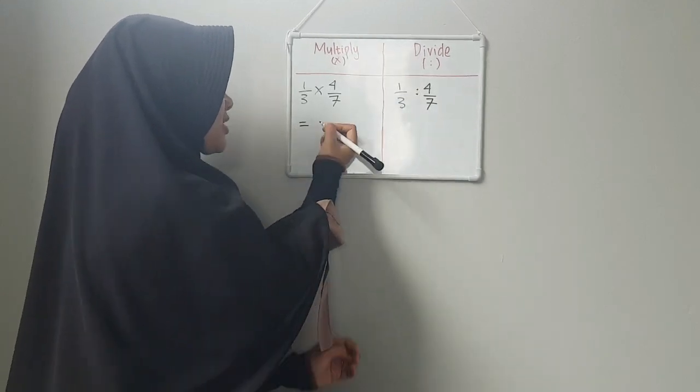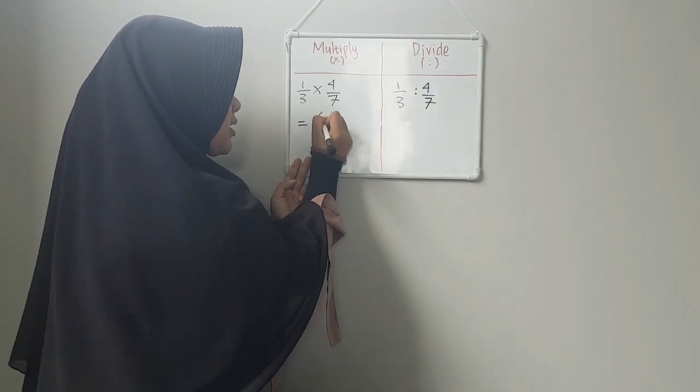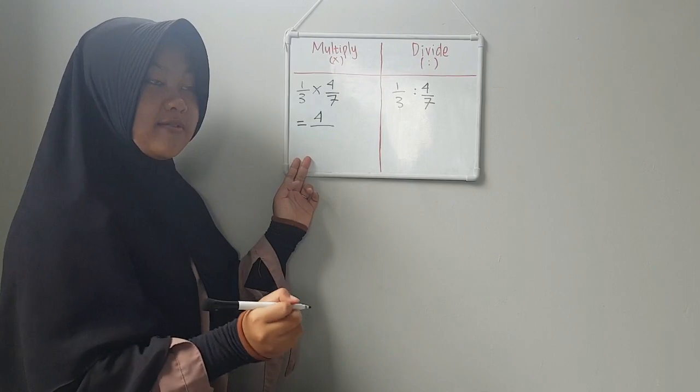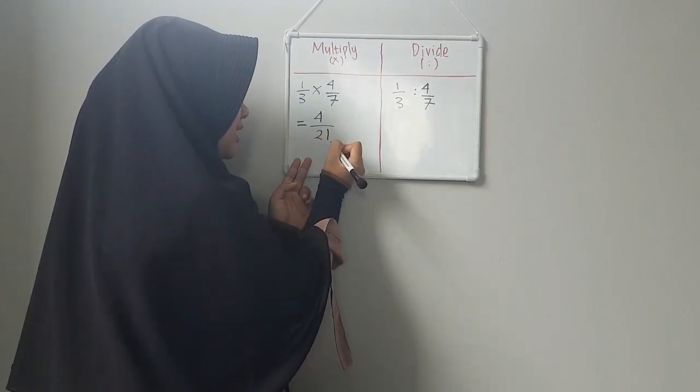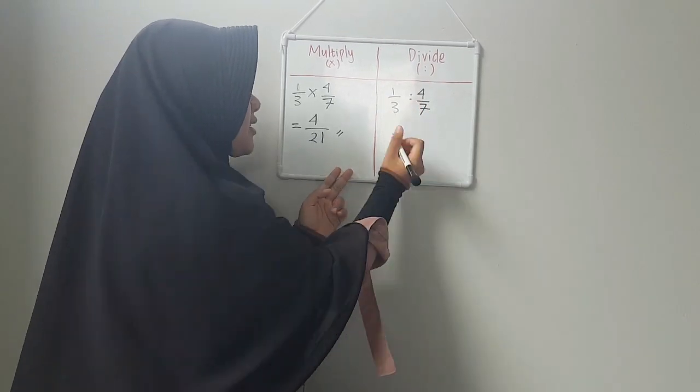The result is 1 multiplied by 4 is 4, over 3 multiplied by 7 is 21, like this. And then division.